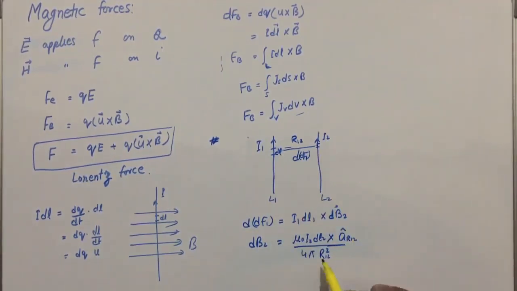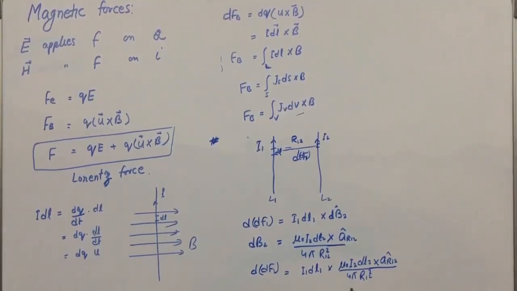Now put it here, and we will find dF1 equals I1 dl1 cross mu naught I2 dl2 divided by 4 pi r12 square cross a r12.